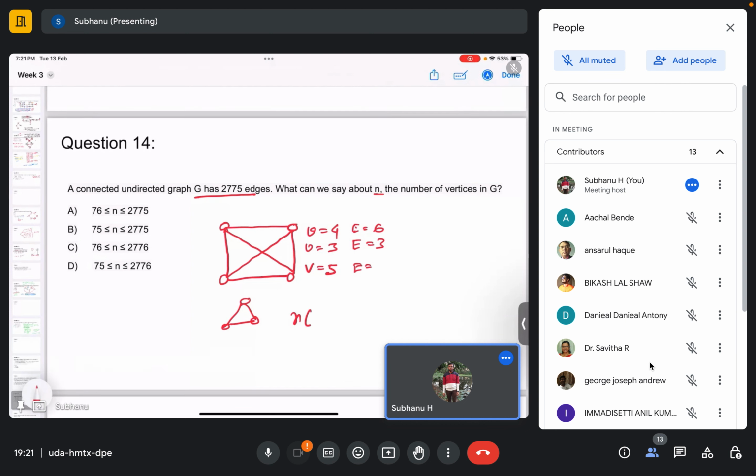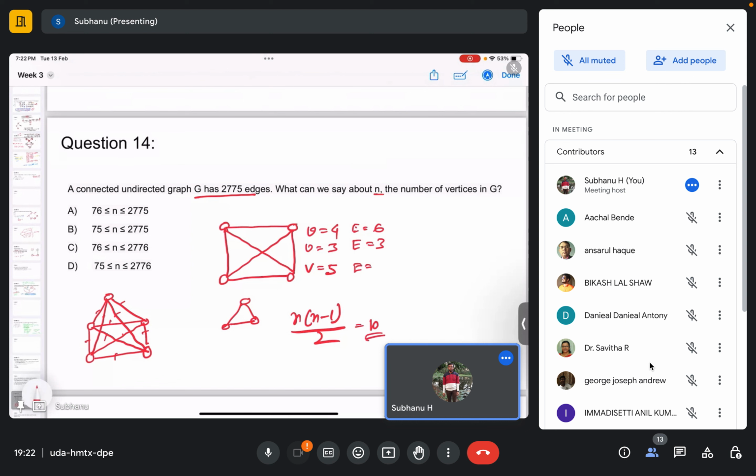It will be n into n minus 1 by 2. So if n is 5, according to this formula we will have 10 edges. So we have five vertices. If we connect each one with each one, you can see how many edges we have now. 1 2 3 4 5 6 7 8 9 10.